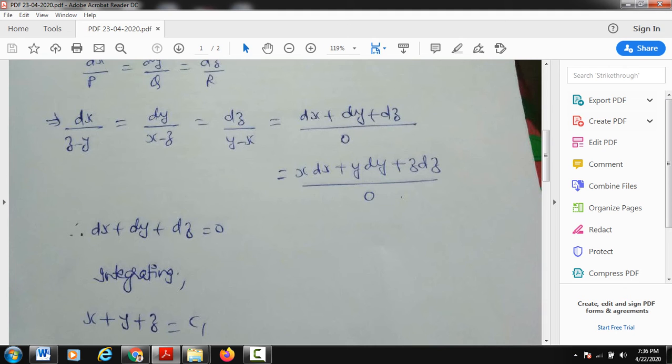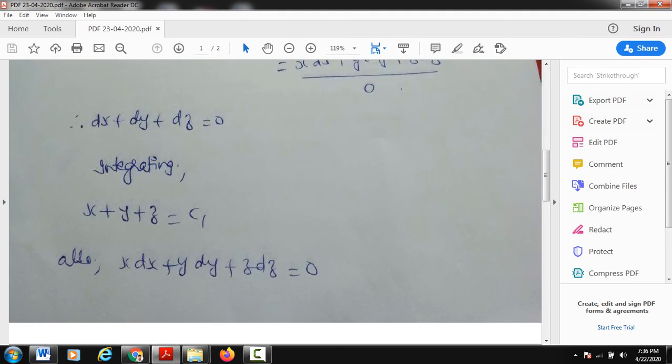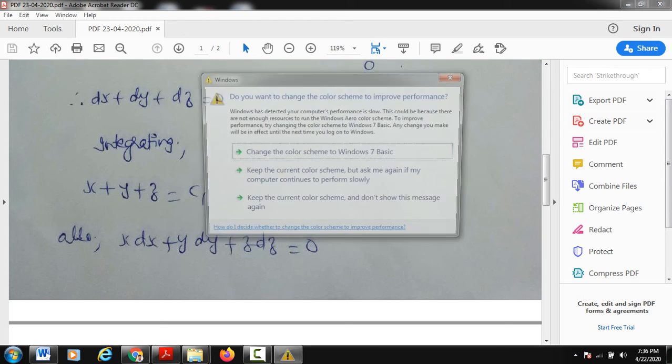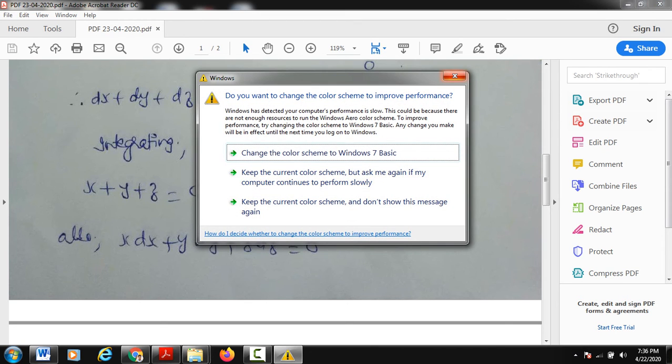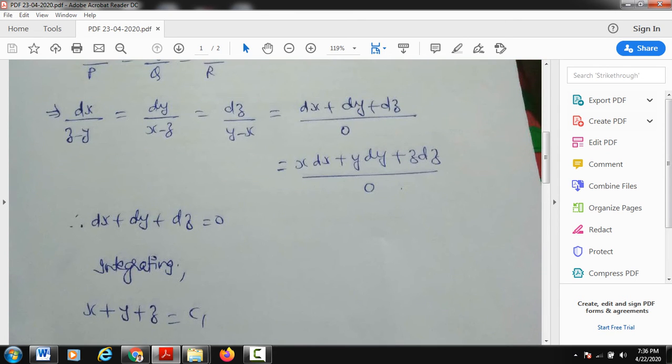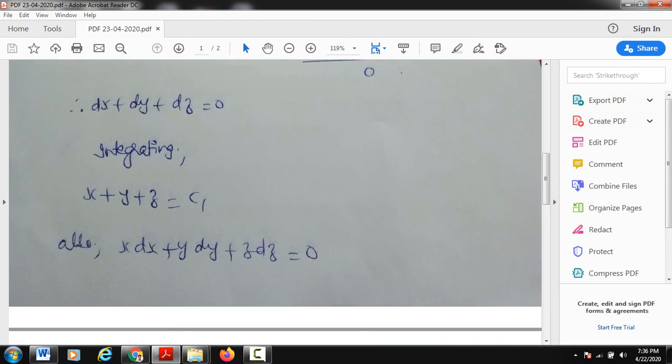So if I integrate, because the variables have been separated, the integration gives x plus y plus z equal to c1 constant. And if I take the fifth member from this auxiliary equation, that is x dx plus y dy plus z dz is equal to 0.